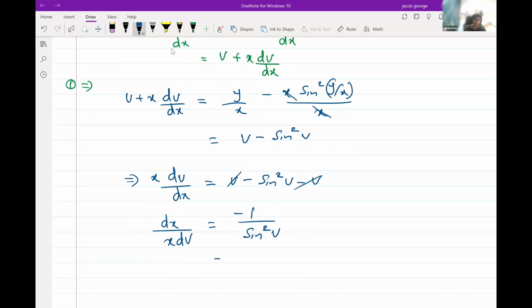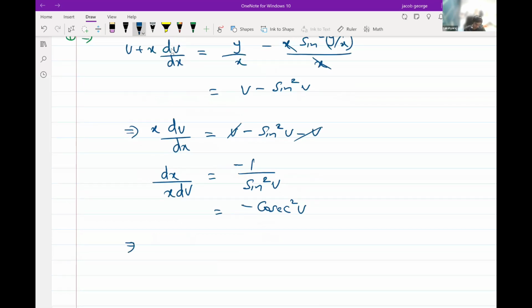What is 1 by sine square v? Reciprocal of sine square is cosec square. So we get minus cosec square v, or dx by x is equal to minus cosec square v dv. Clear?